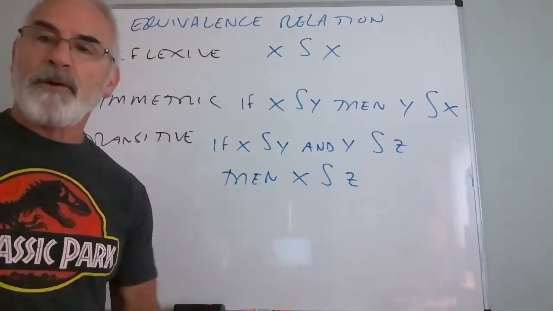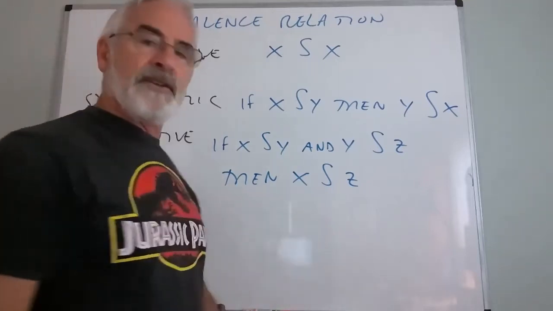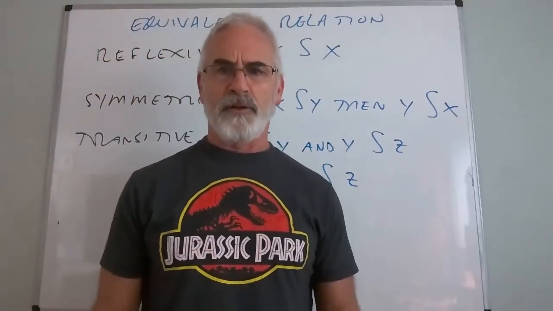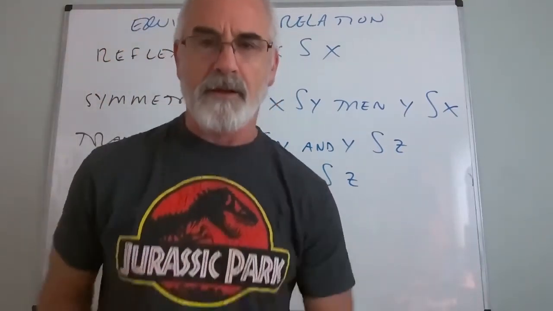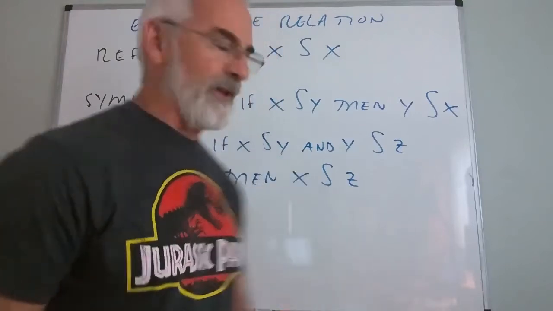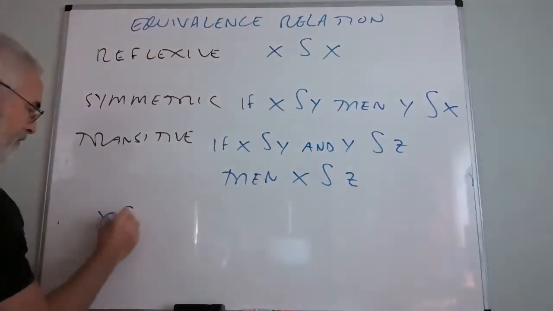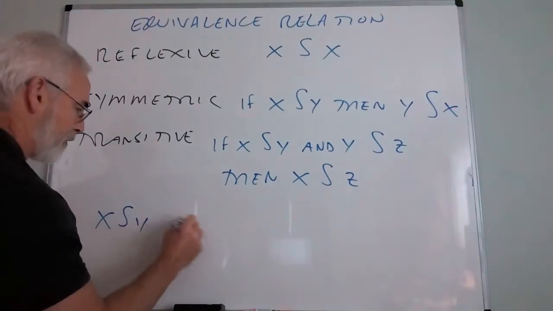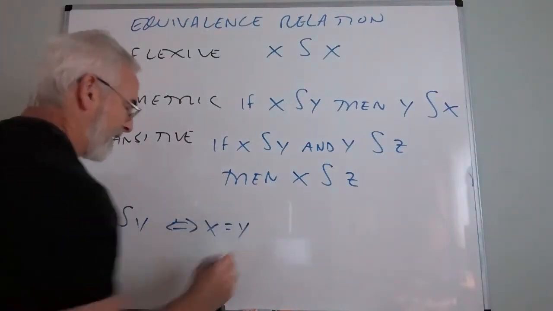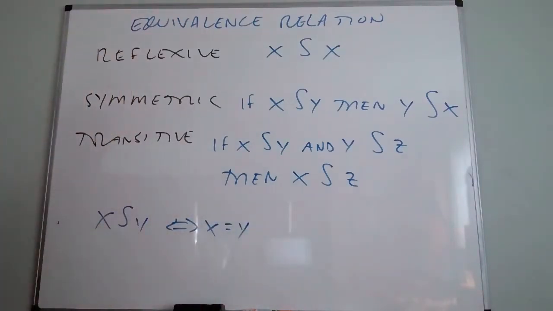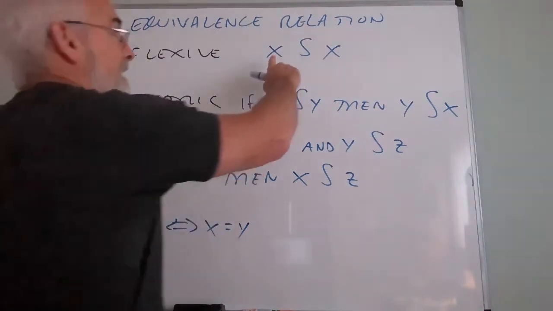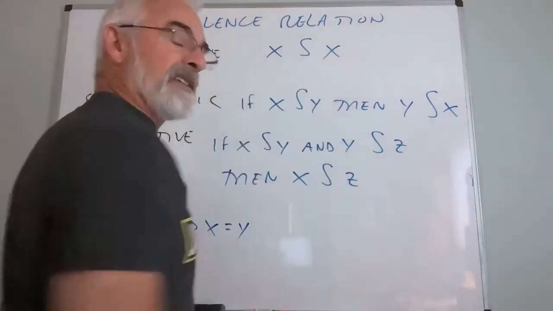For example, what if my relation is X is related to Y if and only if X equals Y? Now think about that. This is my relation. Well, then is X related to X? Does X equal X?